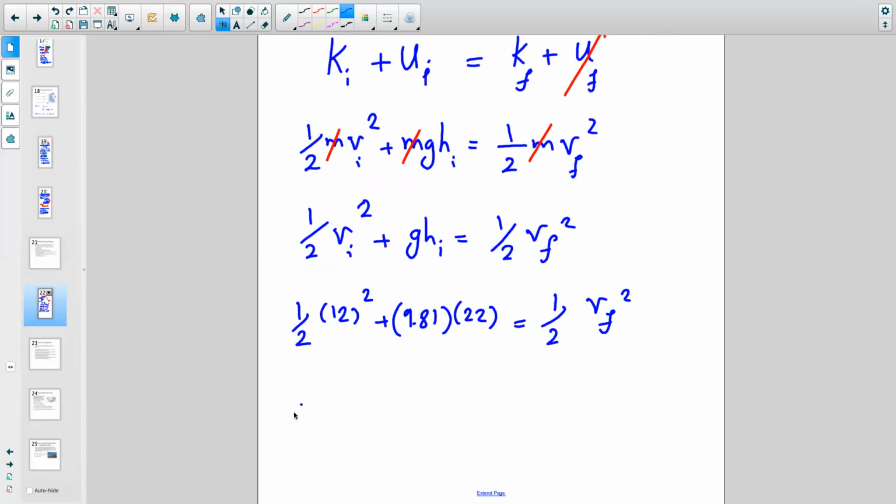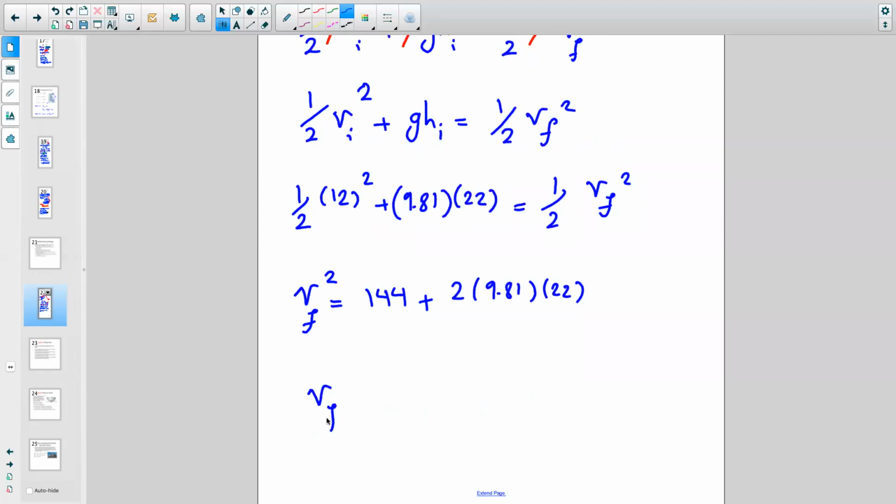And if you do so, you will find that final velocity squared is 12 to the power of 2, which is 144, plus 2 times 9.81 times 22. And then you can write final velocity as the square root of 144 plus 2 times 9.81 times 22.